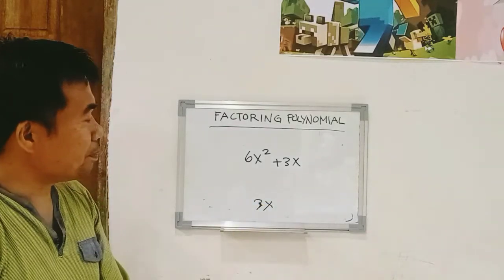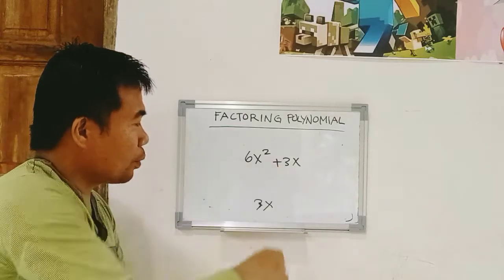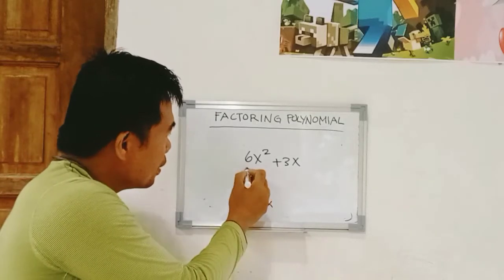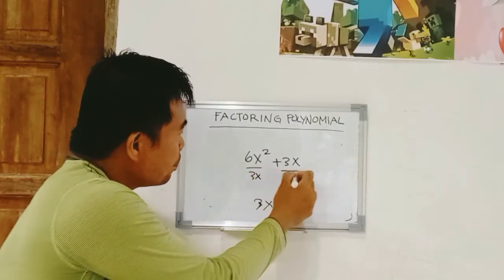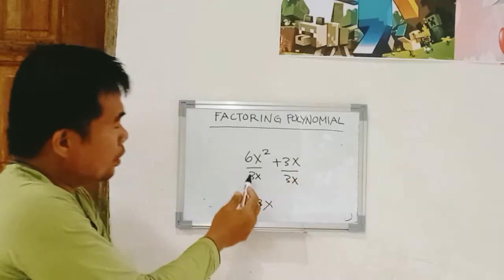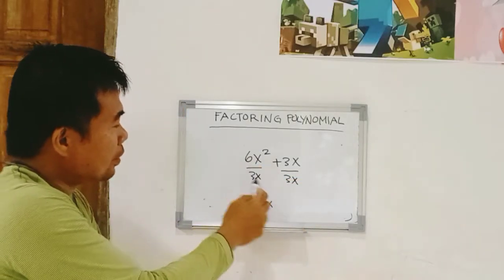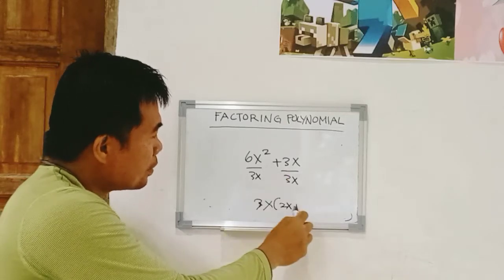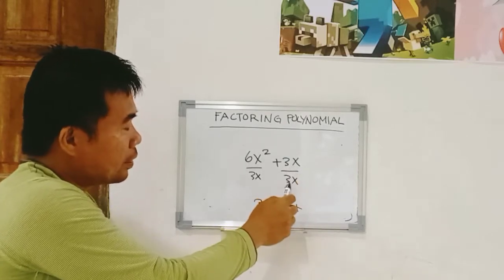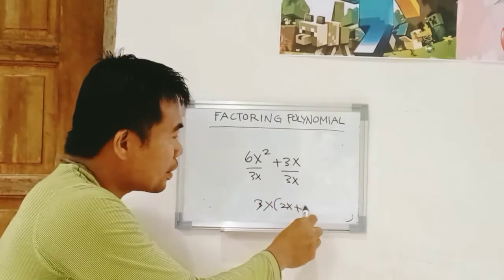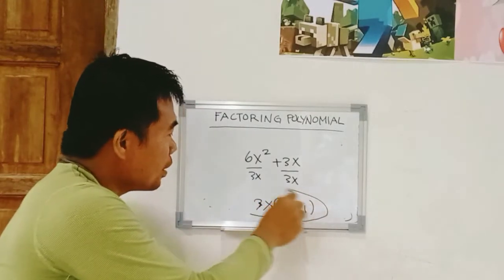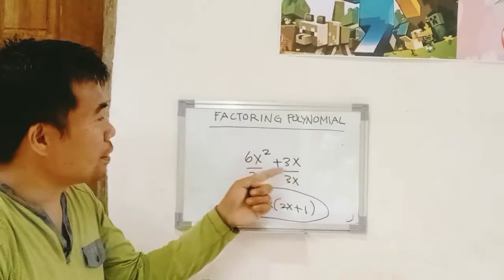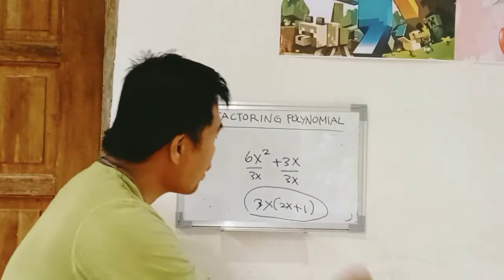Next, this expression will be divided by this common factor. So 6x squared divided by 3x is 2x, plus 3x divided by 3x is 1. So this is the factored form for this expression, 6x squared plus 3x.